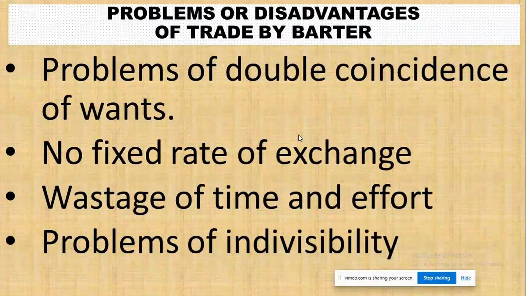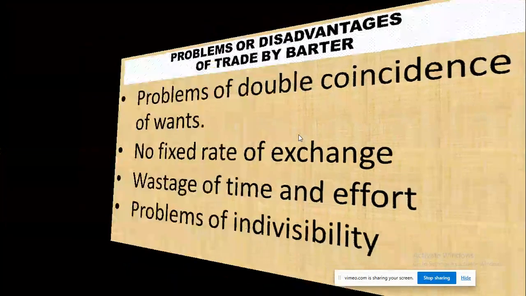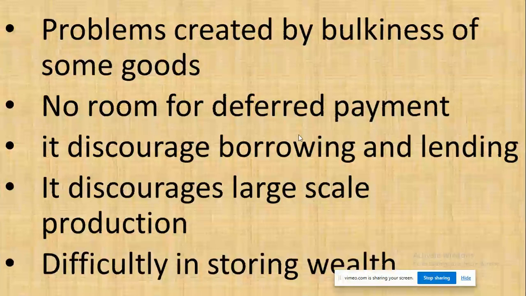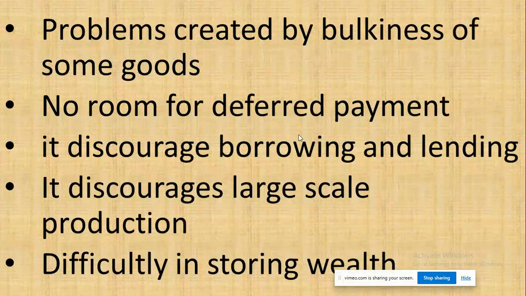Then the problem of indivisibility is another problem or disadvantage of trade by barter. Another one is problems created by the bulkiness of some goods. There's no room for deferred payment at all because there's no real money. It discourages borrowing and lending.